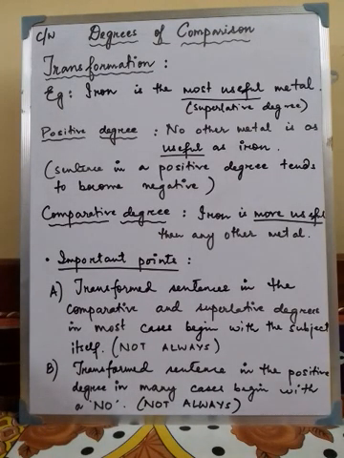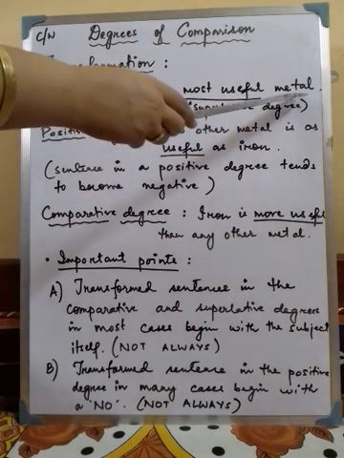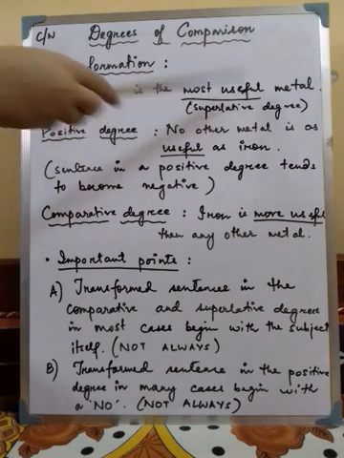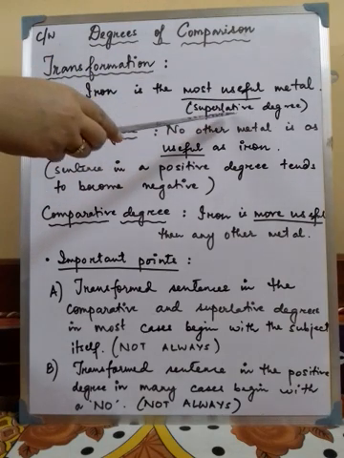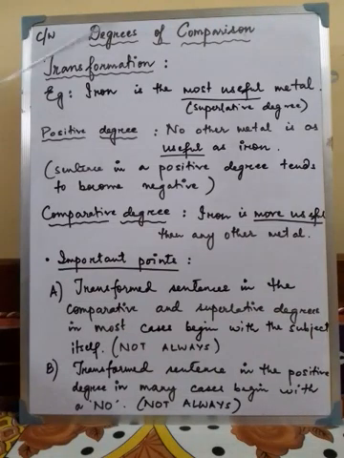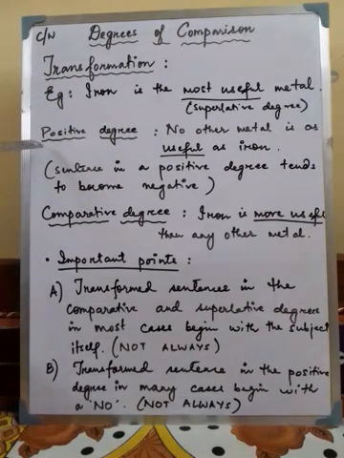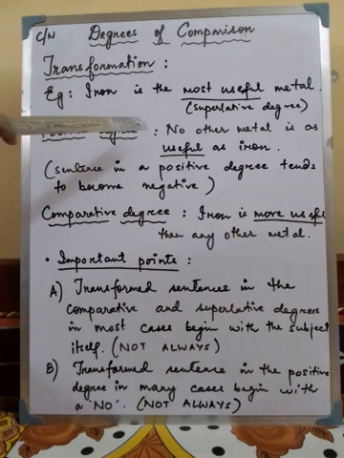Okay, let's now transform some sentences from one degree to another. Look at these examples here. Iron is the most useful metal. Here, which is the adjective? Most useful, and it is in which degree? Superlative degree. Now, if we are to transform this from superlative degree to positive degree, how should we begin the sentence?